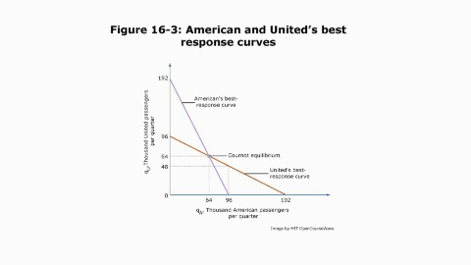What that means is that, having figured out one, you can automatically draw the other. A trick for solving these problems is if you have a symmetric Cournot equilibrium, you don't need to calculate the math behind each firm's best response curve. Once you calculate one, you know the other firm's is just a complement of it. So having calculated American's best response curve, we could have automatically drawn the United best response curve as a complement of that. Okay?